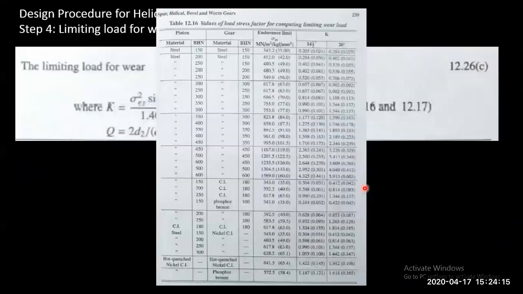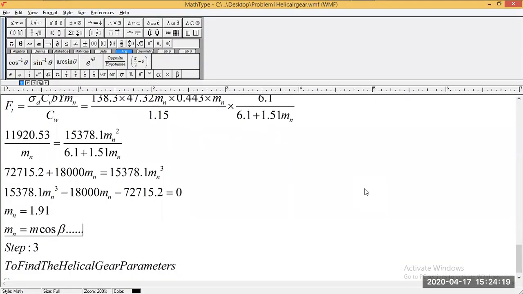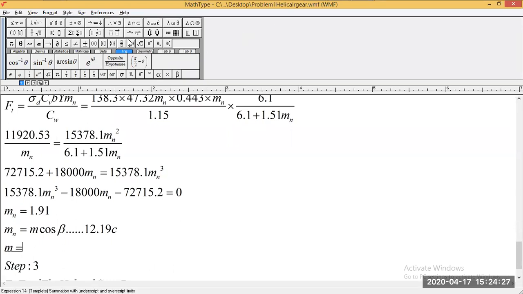So let's use that. So that means module m equal to mn, that is 1.91, divided by cos 25 degrees.